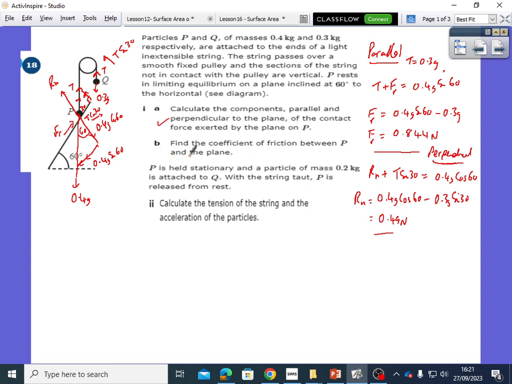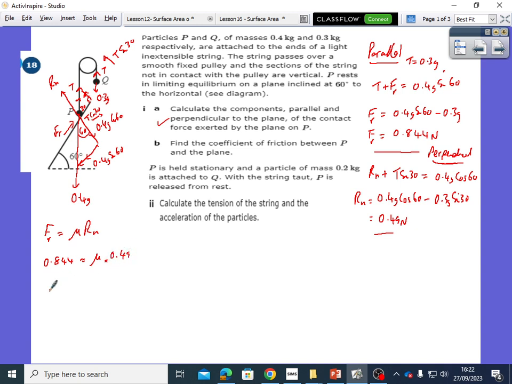Okay, so we're done with the parallel force there and the perpendicular force there. Now the coefficient of friction of P on the plane. First of all, friction is equal to mu times Rn. We worked out friction here, which is 0.844, equals mu times Rn, and Rn we worked out to be 0.49.